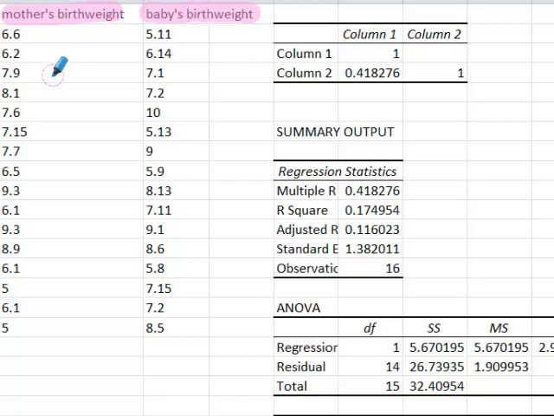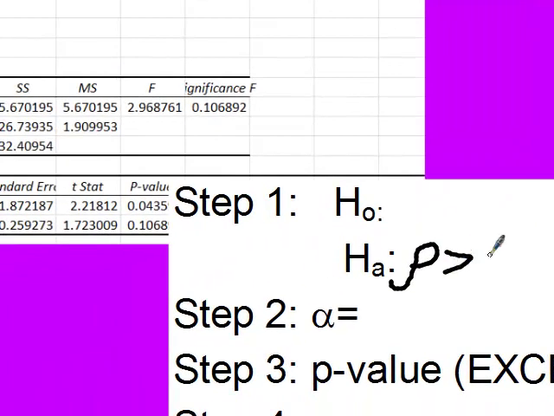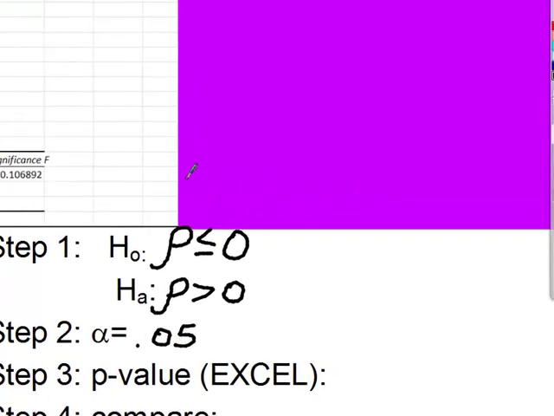If the mother is small at birth, will the baby be small at birth? I think that there's a positive relationship here. I think that in the population, the relationship will be bigger than 0. It will be a positive number. The null then would say the relationship would be negative or equal to 0. I'm willing to be wrong 5% of the time.